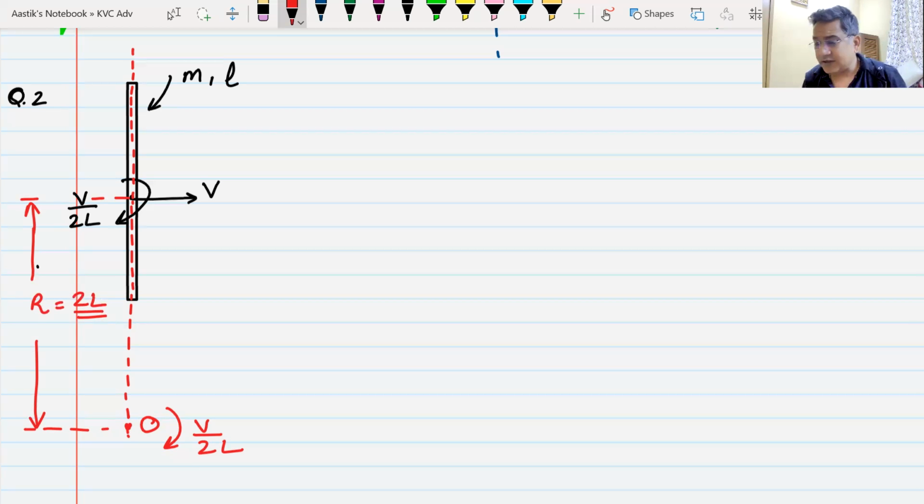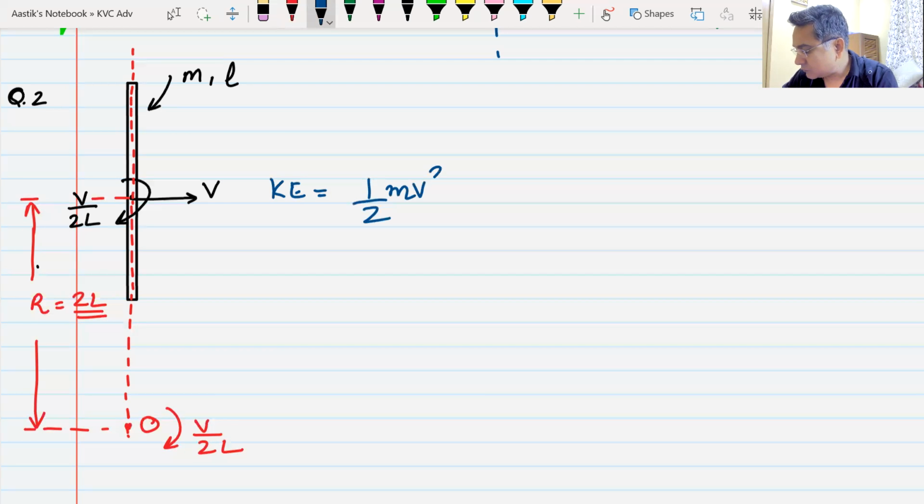Now you can find out the kinetic energy in any way. You can find it by translational plus rotational, or you can find it by pure rotation. I will just use the translational part. How am I going to find out the kinetic energy? You have to look for the easiest way to do it. The easiest way right now looks like half mv square plus half I omega square. You have to understand the question, what it is asking and how you can do it quickly.